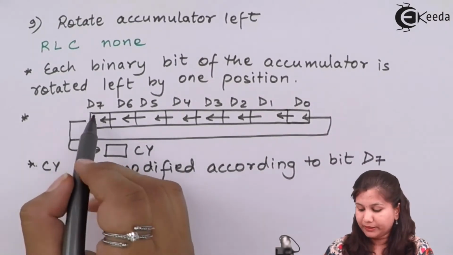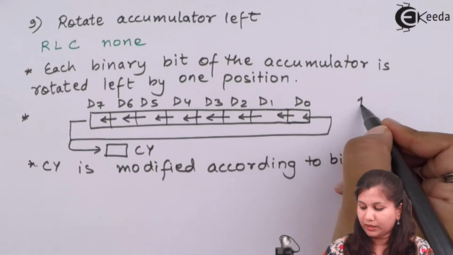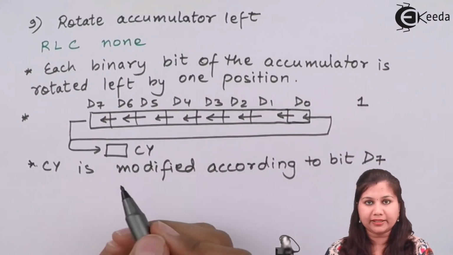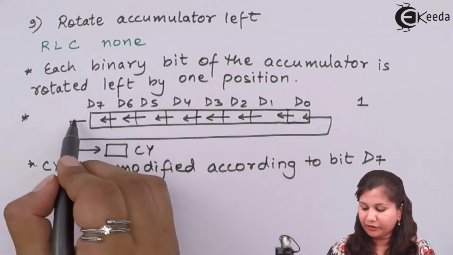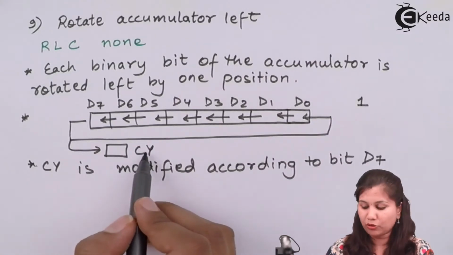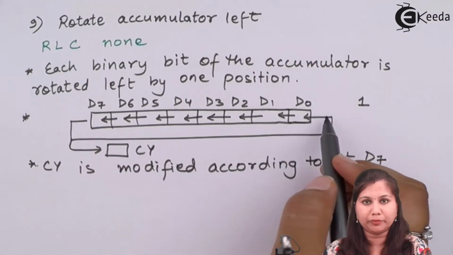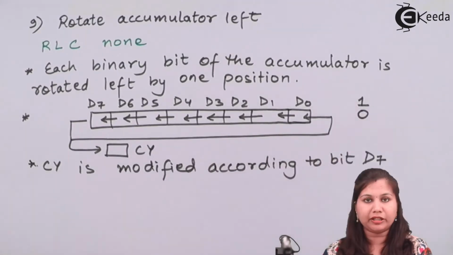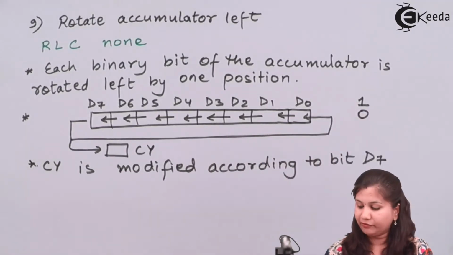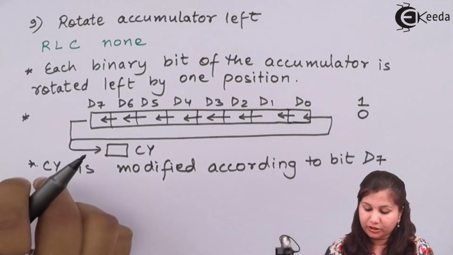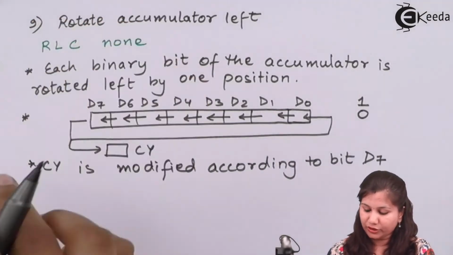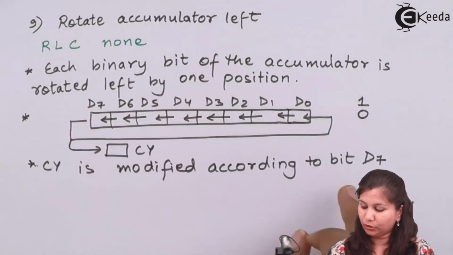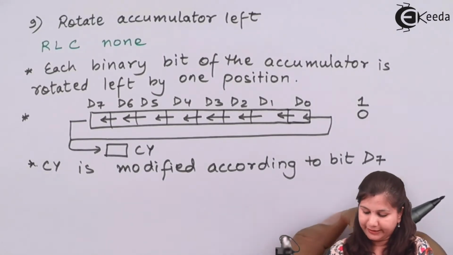Suppose bit number D7 is 1, so the carry flag will be set, because this D7 bit goes to the carry flag and to the D0 position also. Similarly, if the D7 bit is 0, then the carry flag will be reset. So here, due to this RLC instruction, the carry flag is modified according to the bit number D7.